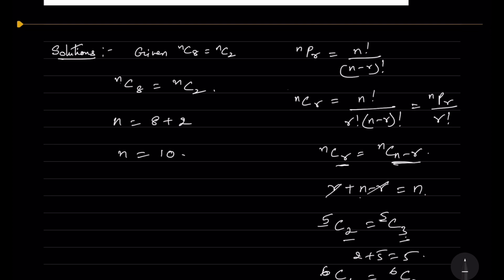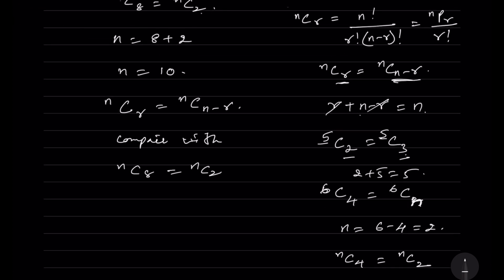Now when you compare nCr is equal to nC(n minus r) with nC8 equal to nC2, we have r is equal to 8 and n minus r is equal to 2.